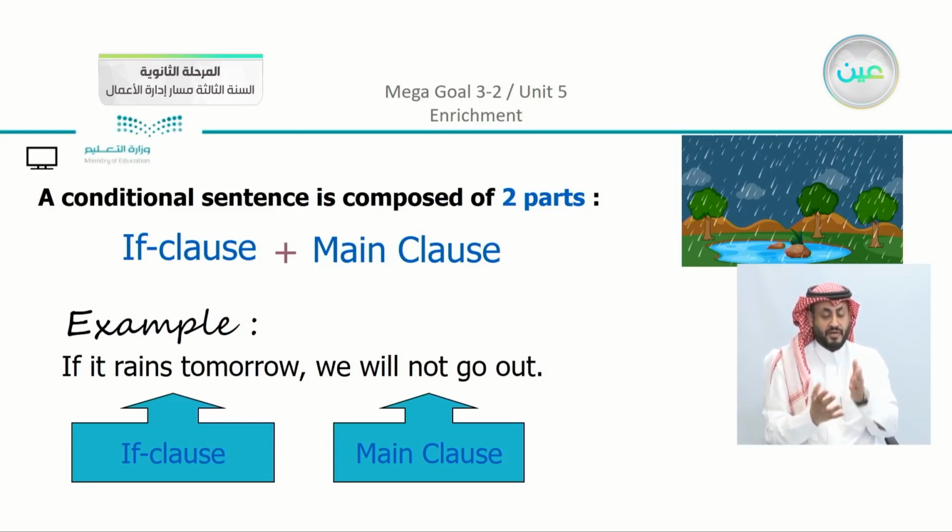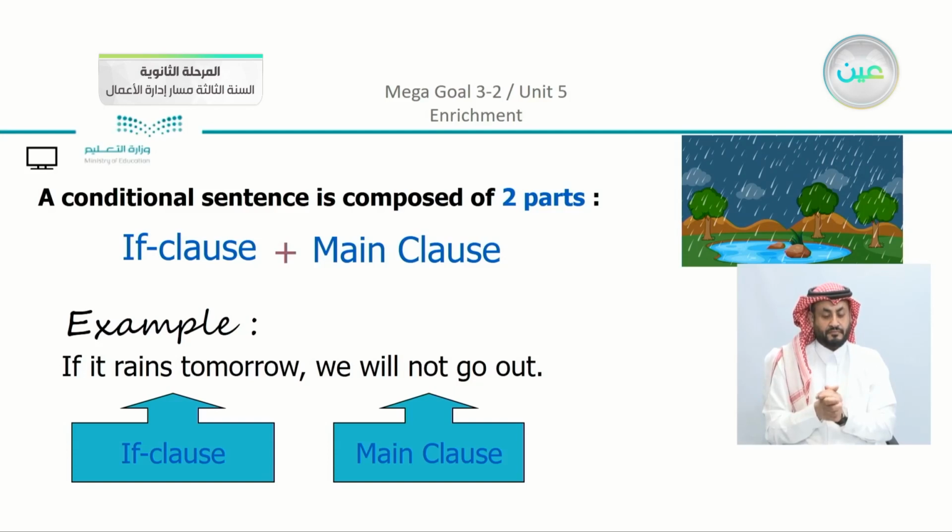Now just think about it, when we say if it rains tomorrow, does it give you a complete meaning? On the other hand, if I just tell you we will not go out, this gives you a complete meaning, which means that this is going to be the independent clause and this is going to be the dependent clause. Altogether, they give a complete meaning, or a complete sentence.